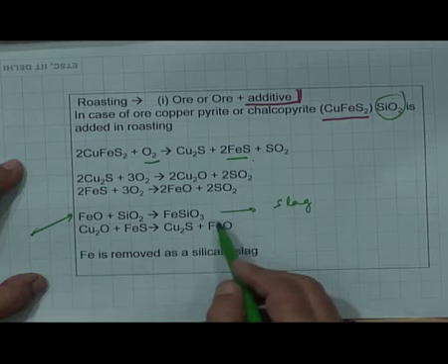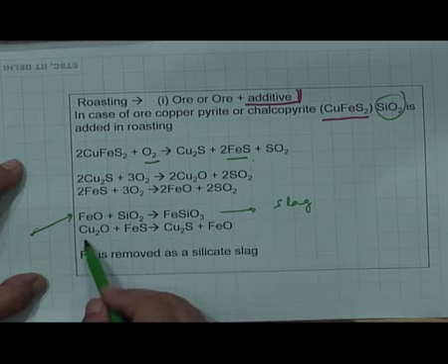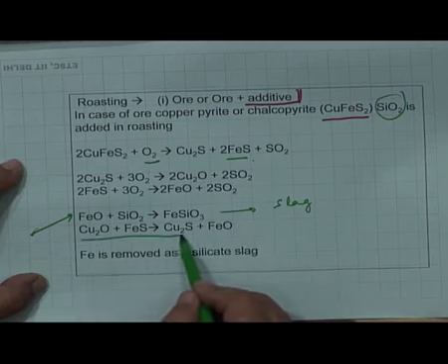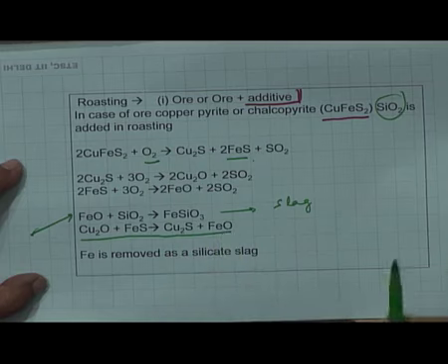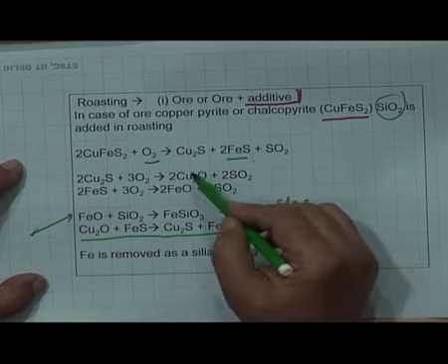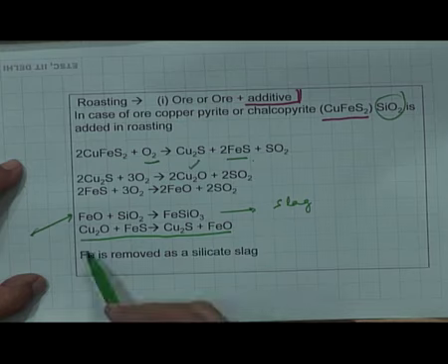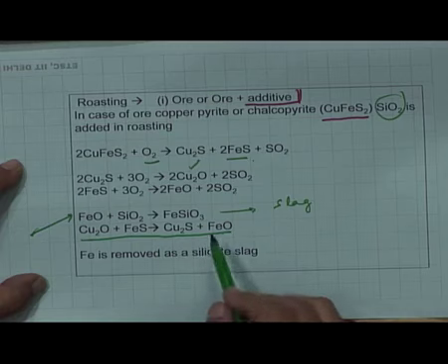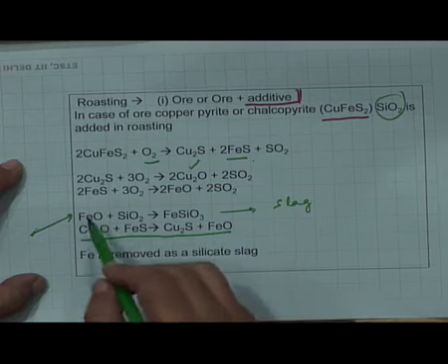Now, this slag is removed and we are left with only copper oxide formed here. This copper oxide again combines with iron sulphide to give iron oxide, and this iron oxide recombines with silica.